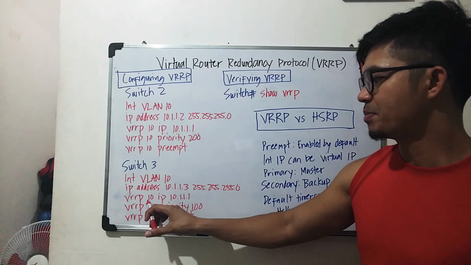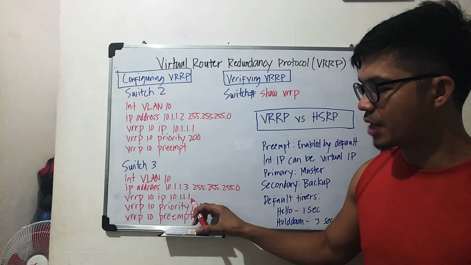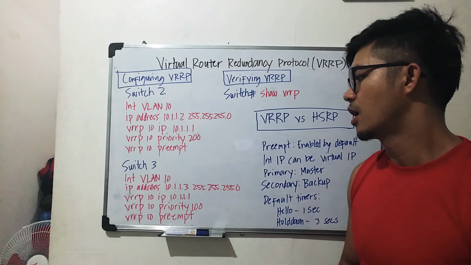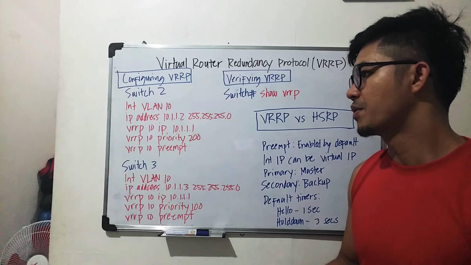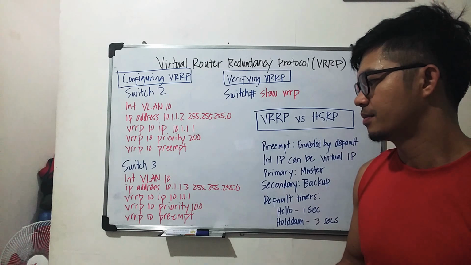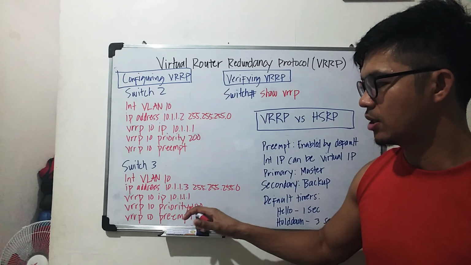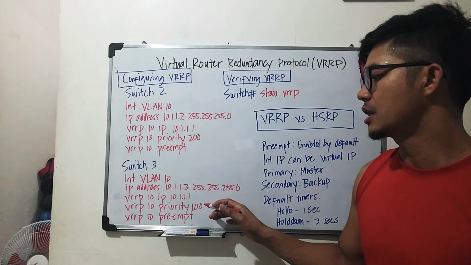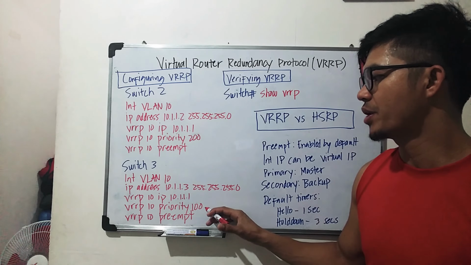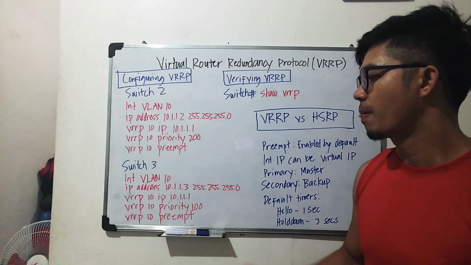And VRRP 10 IP, of course, is the same virtual IP address, because this is the IP address that will be configured on the computers. And VRRP 10 priority, like I said earlier, is set to 100 by default. You don't have to configure it, but here we are doing so for easy visualization.